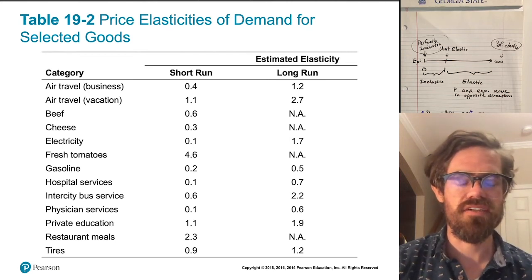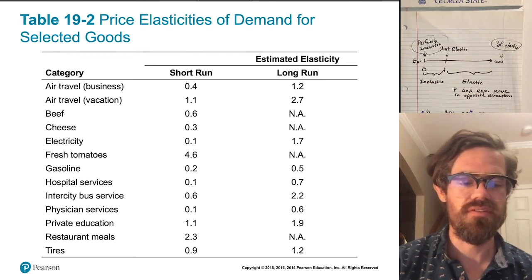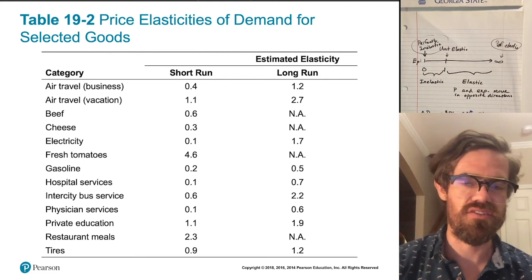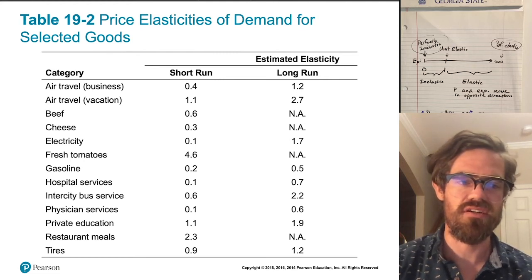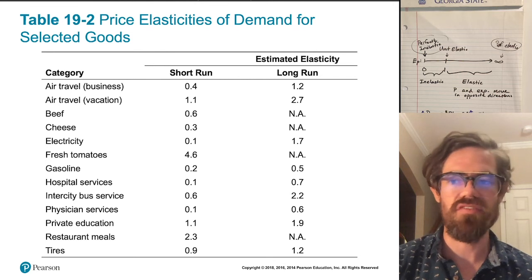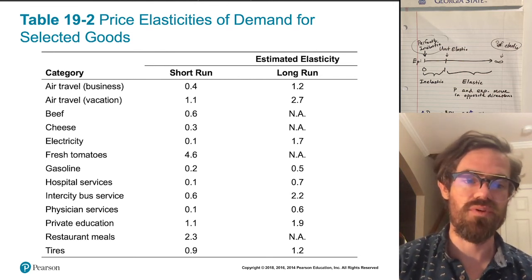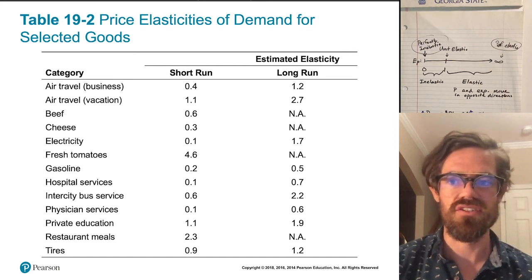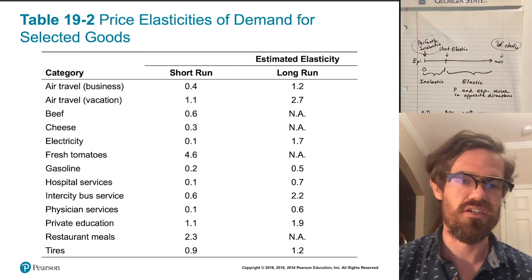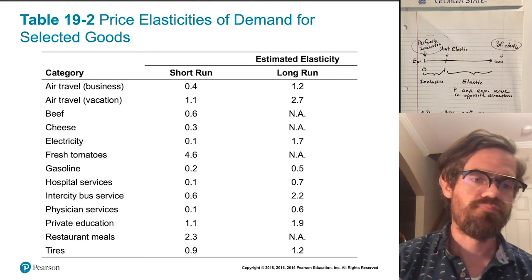You can also think of this in terms of necessities versus luxuries, right? So things that are necessities, people can't be flexible with. Things that are luxuries, people can be flexible with. So that's another thing that determines elasticity of demand: necessities and luxuries. Right.